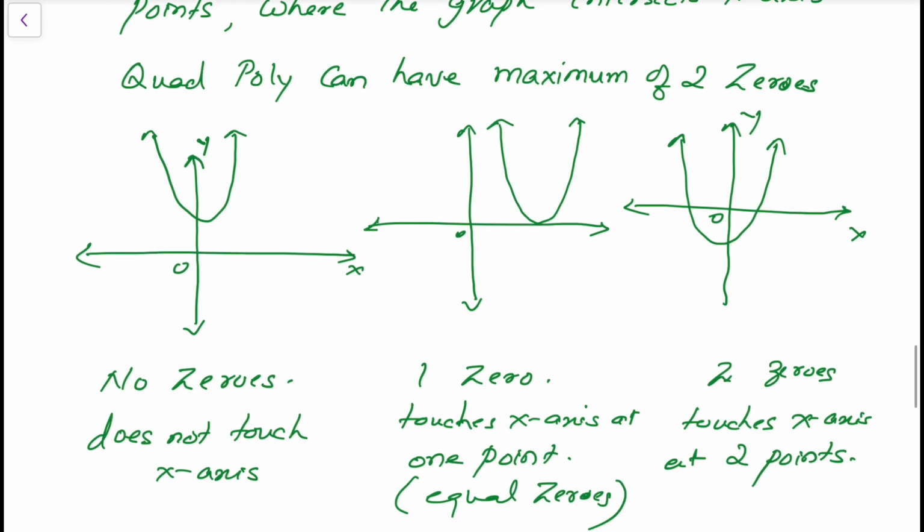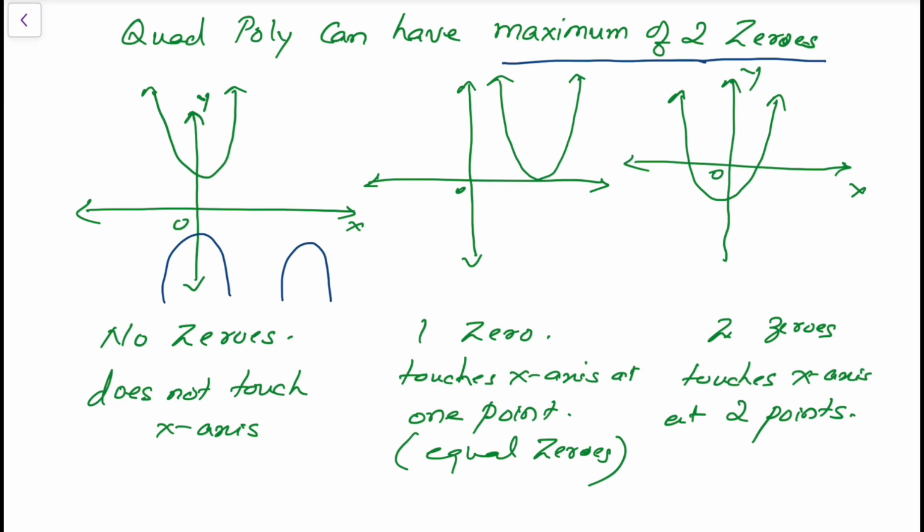So a quadratic polynomial can have a maximum of 2 zeros. This question also comes in your exam. You cannot say it always has 2 zeros. Sometimes it might not have any zeros at all. No zeros means the graph will not be touching the x-axis. It is either above, or it can be like this or like this also.